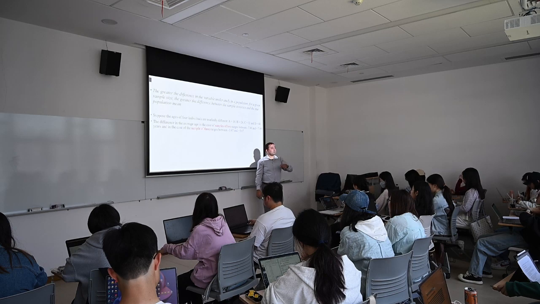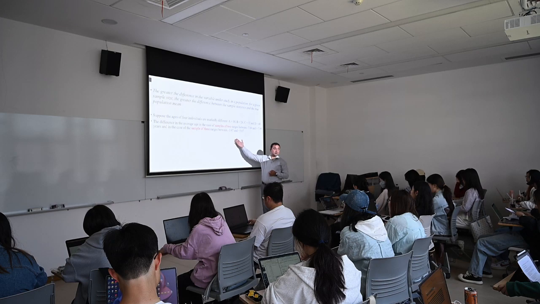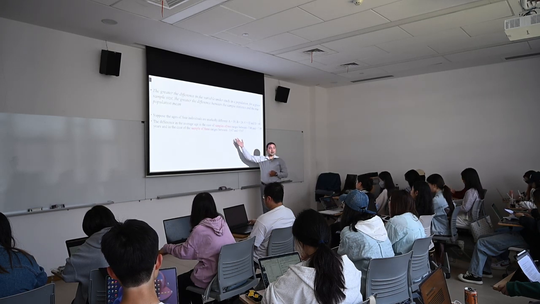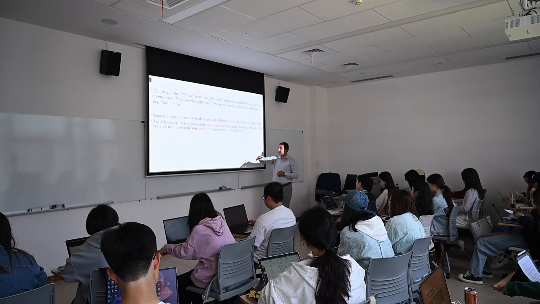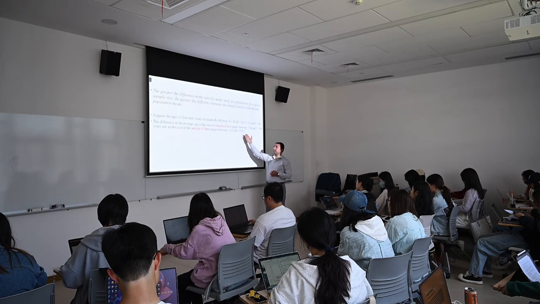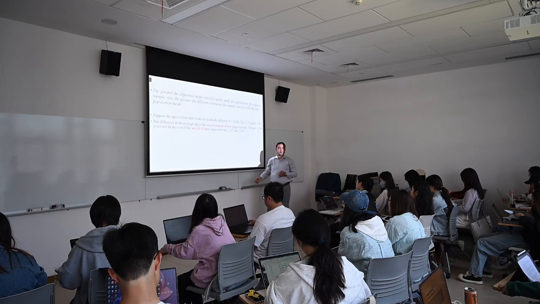But if you increase the sample size to 3, what is the difference between the mean of the sample statistics and the population? It is plus 3 to minus 3.